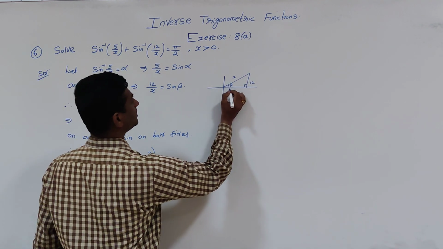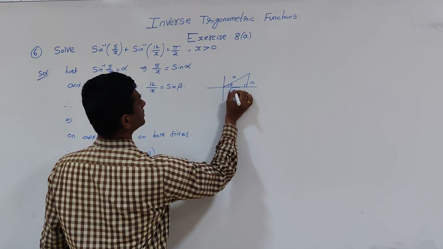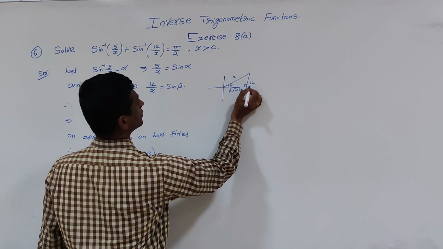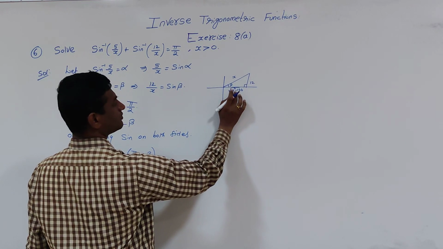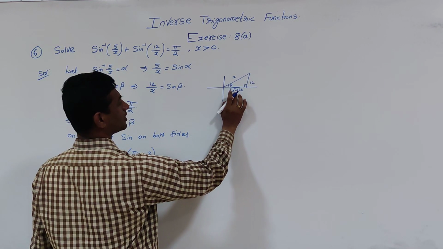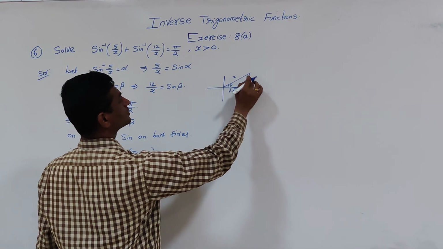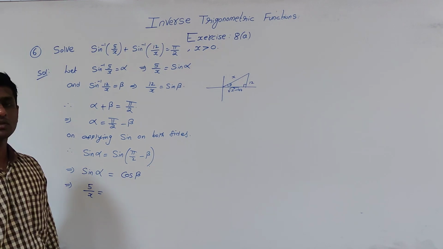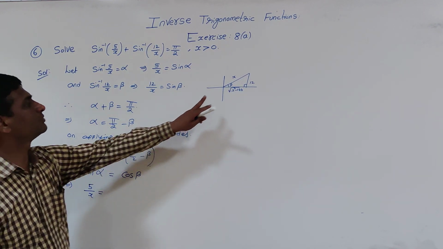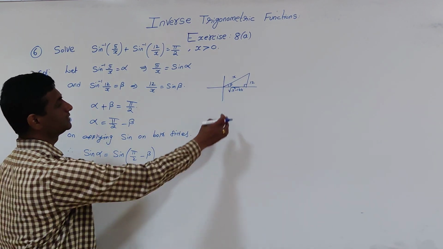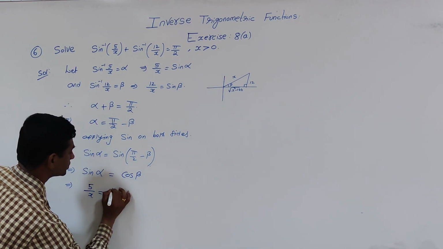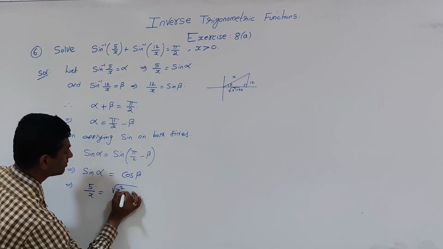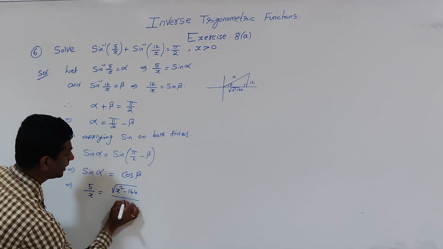The adjacent side will be under root of x square minus 144, because if you assume it is y, y square plus 12 square is equal to x square. So what is cos beta from the right angle triangle? It is adjacent side by hypotenuse, that is under root of x square minus 144 by x.